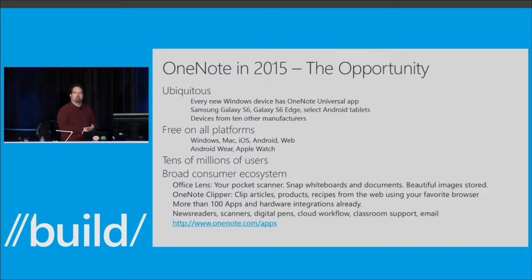We're pre-installed on every new Windows machine with our universal app, and we're pre-installed on the Samsung Galaxy S6 and S6 Edge, and a bunch of other Android tablets from a variety of manufacturers. Tens of millions of users in the Microsoft cloud. And then when you connect us up through our ecosystem and APIs to Office 365 APIs, access to the hundreds of millions of general Office users.